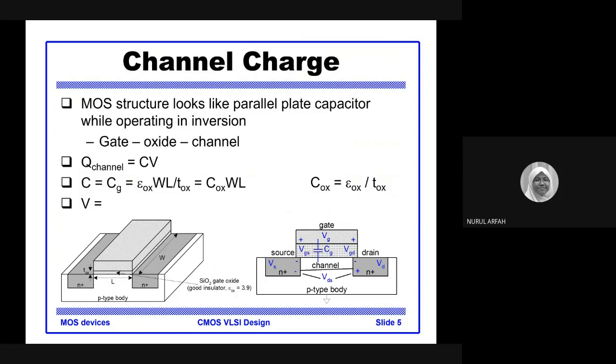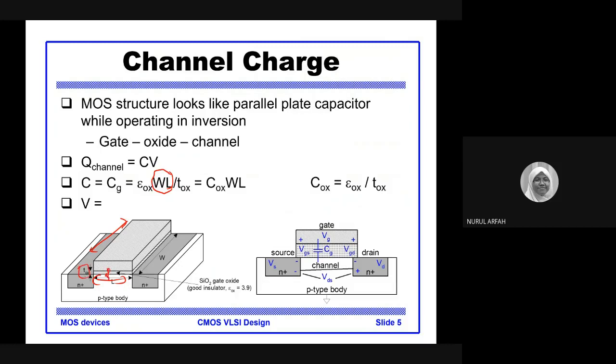Capacitance can also be expressed in terms of the area of the transistor, which is the width times the length, times epsilon oxide, divided by the thickness of the oxide, which is this layer.